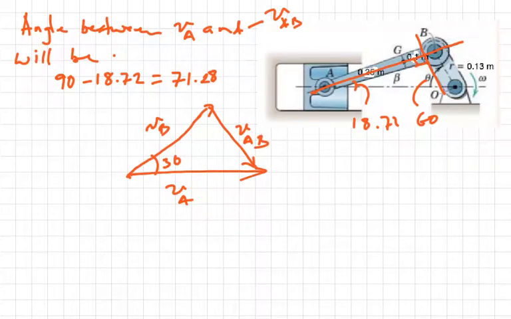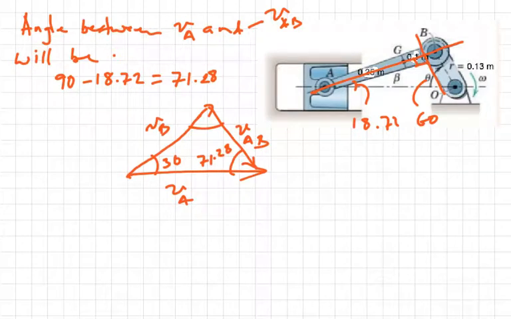And we are now saying that this angle here between VAB and VA, that is this one, actually we've just computed to be 71.28.